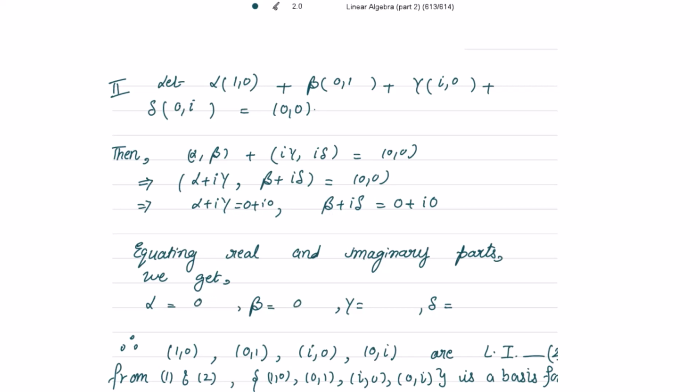Equate the imaginary part, you get gamma also as 0. And then delta is also 0, which means all the scalars alpha, beta, gamma, delta are 0, which means all these vectors are linearly independent, right? So these are linearly independent and V is also generated by them. So from 1 and 2, this is a basis for V, right?